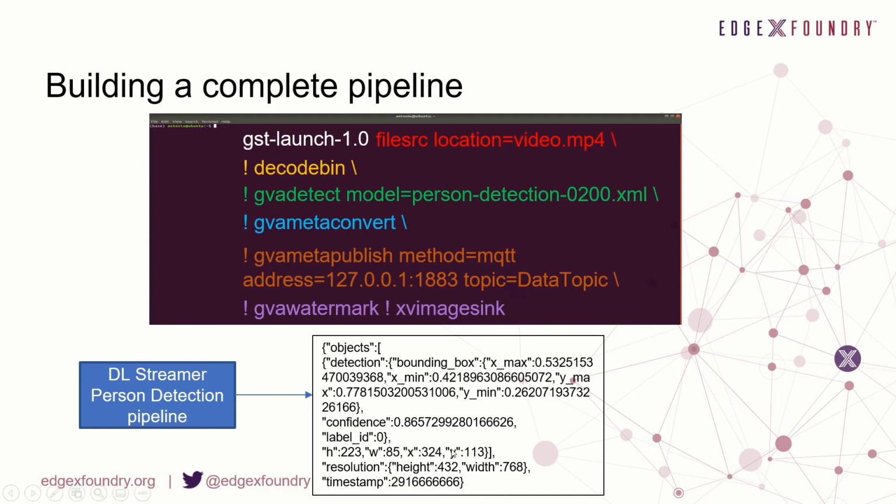The confidence, which is how confident it is that this object is a person. In this case, it is 0.86, in other words, 86%. And some other data: resolution, timestamp, etc. With this message, we want to send it over the MQTT Mosquitto broker. With this, we have a more complete pipeline, now integrating the output of this CV pipeline into the MQTT broker.